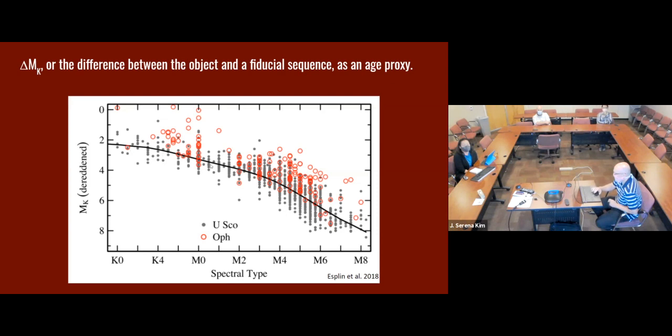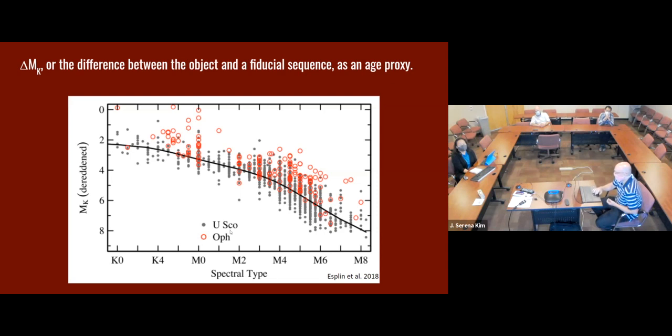So you can think of this as an empirical model of what the luminosity is as a function of spectral type for a 10 mega year association. And yes, there's a lot of scatter, but we're going to talk about medians.